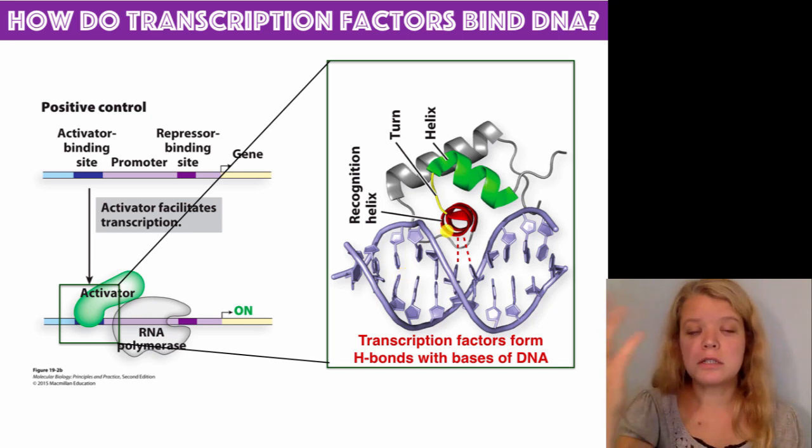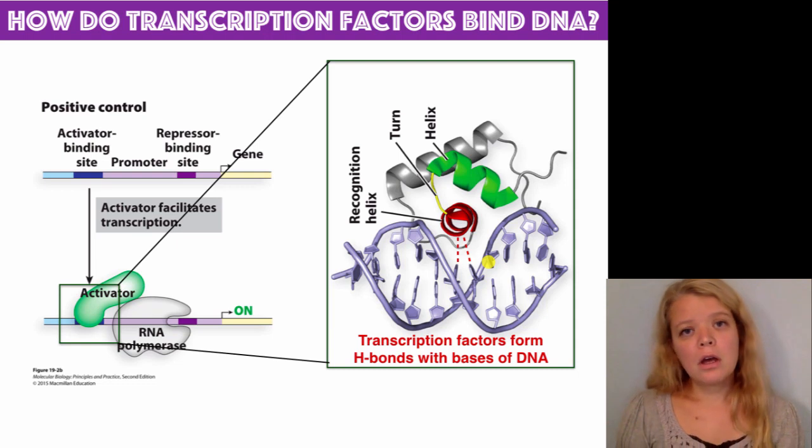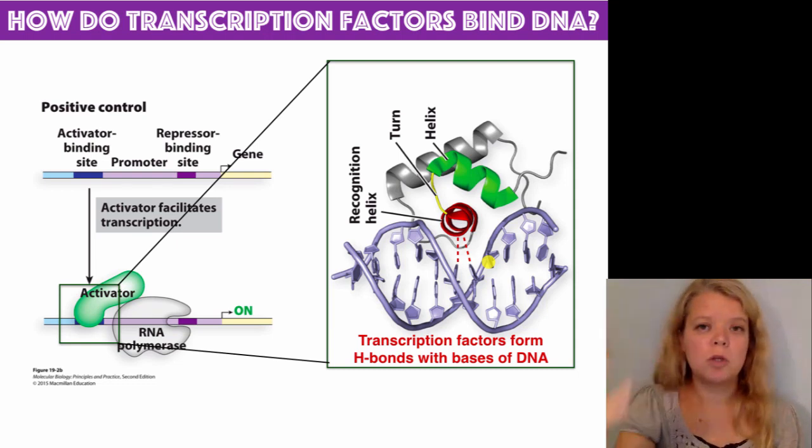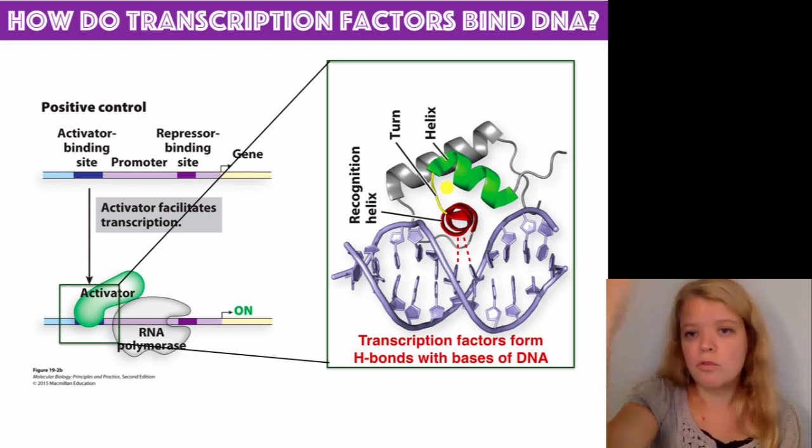And you can see here it's the same story as we saw in the past. If there is some sort of charged amino acid that is able to form a hydrogen bond to the hydroxyl groups protruding from the nitrogenous bases, depending on whether it's a guanine or an adenine or whatever, that allows the transcription factor to stay in that particular location and then provide a binding surface for other proteins.